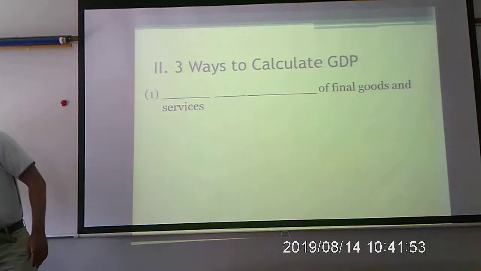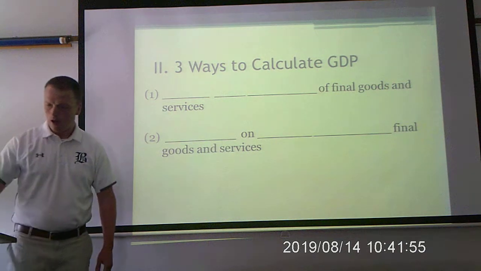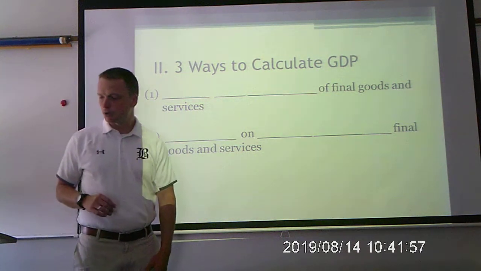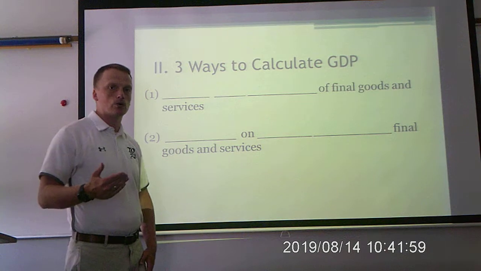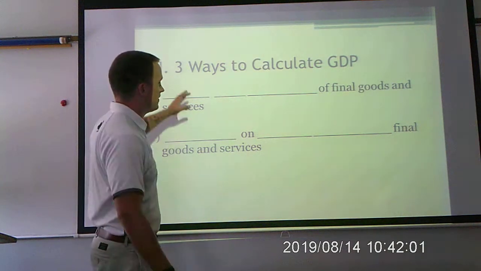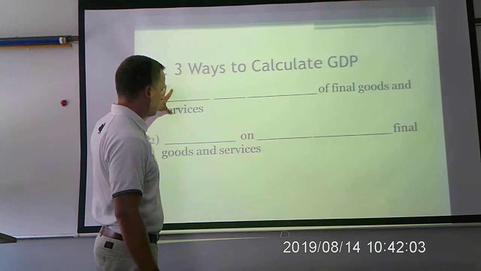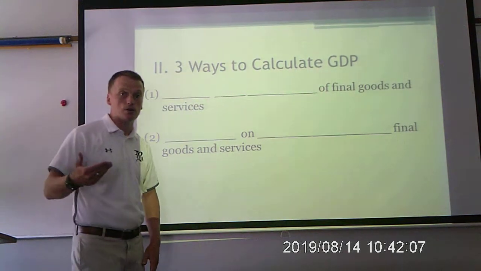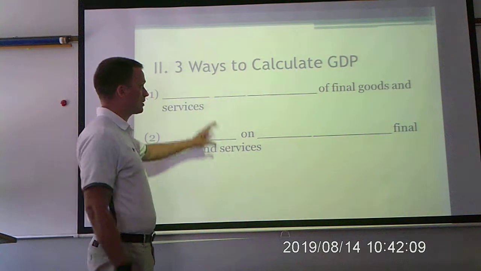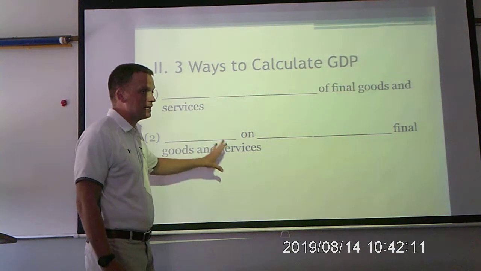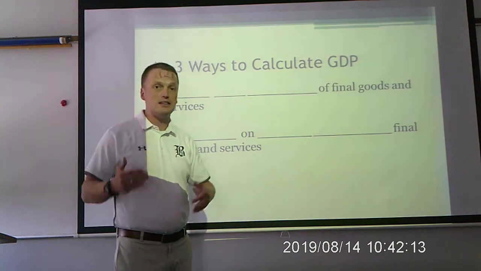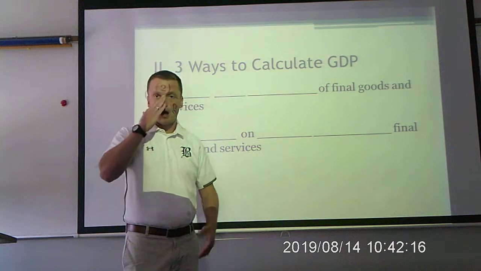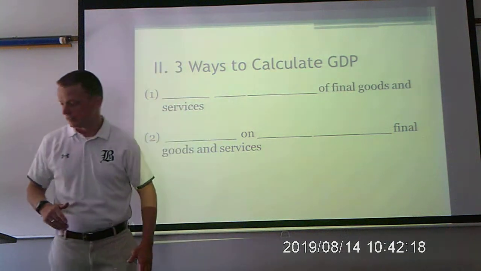Another way to figure it out, spending on domestically produced final goods and services. So not just the value, but all the spending on those goods. And really, when you talk about value and when you talk about spending, if those things are sold, those should be equal numbers. So that's just another way of calculating.